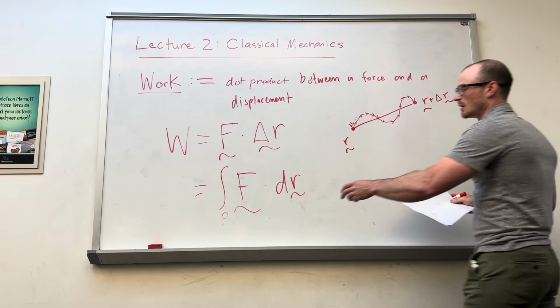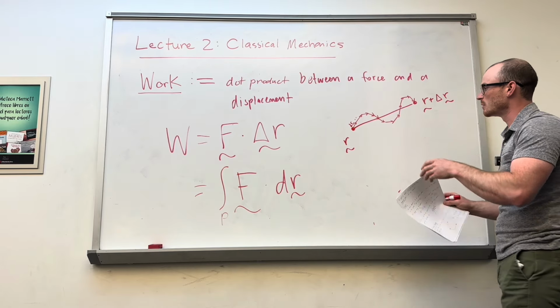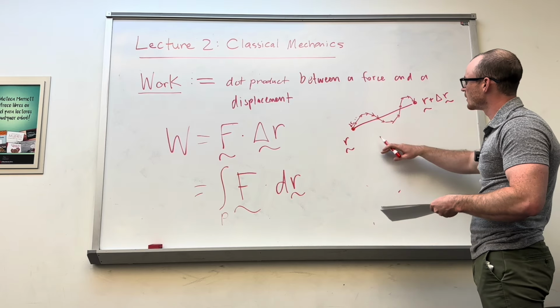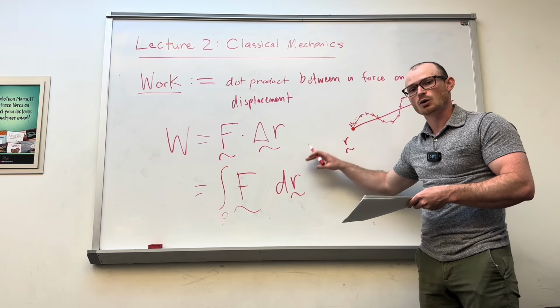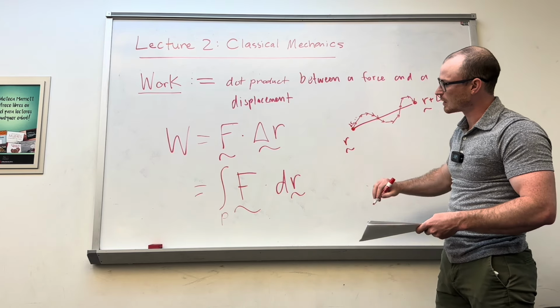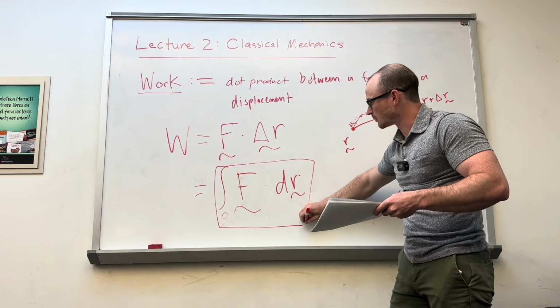And you can imagine if there were aspects of the force that were changing in time or in position, and the force was non-conservative, which we'll discuss here in a second, that these could actually give you different quantities. So we need to be careful, and generally we're going to think of work as being defined by this integral equation.